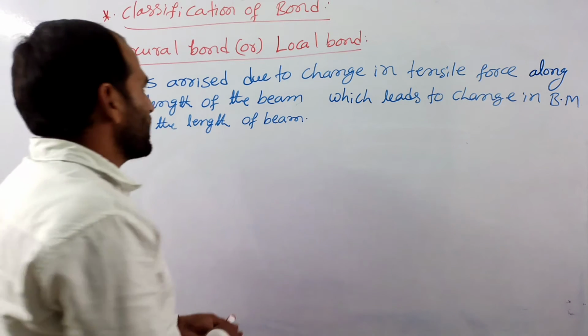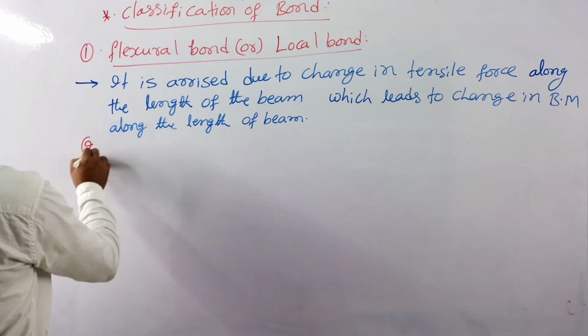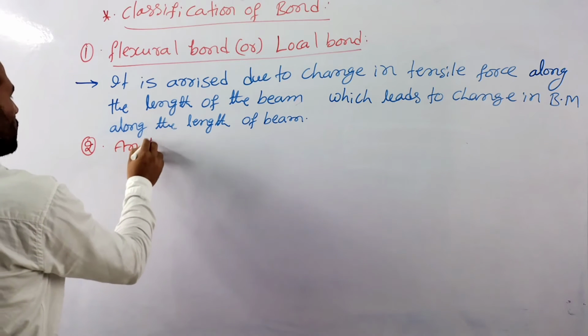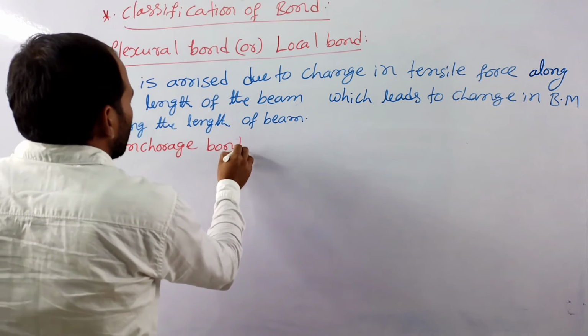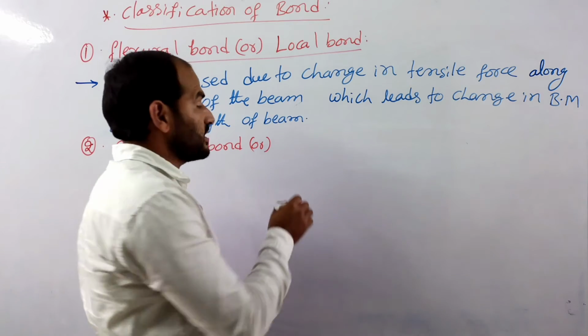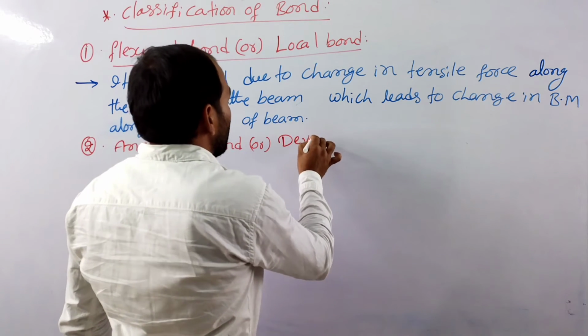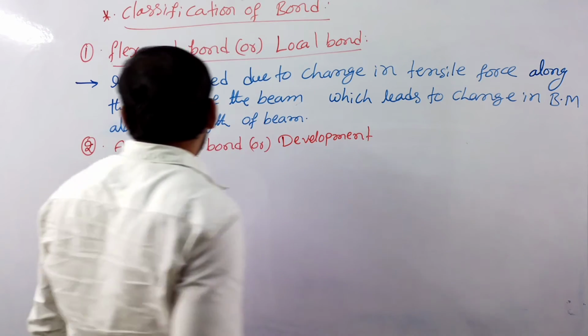The second one is anchorage bond. Anchorage bond is also known as development bond.